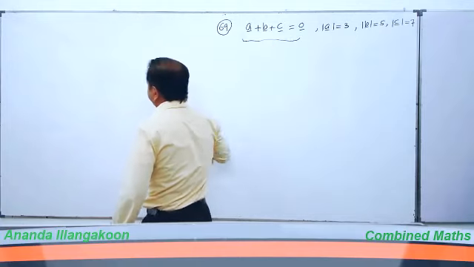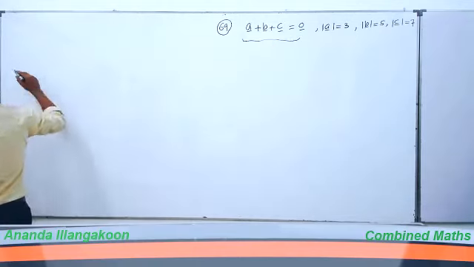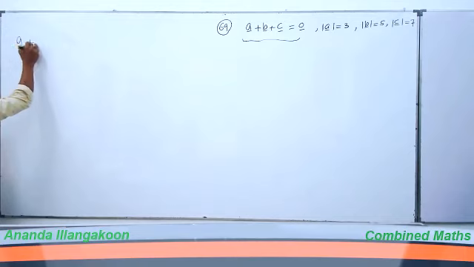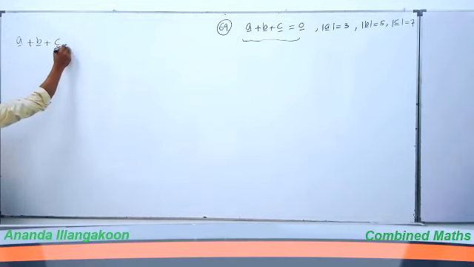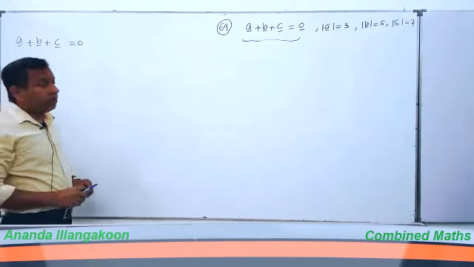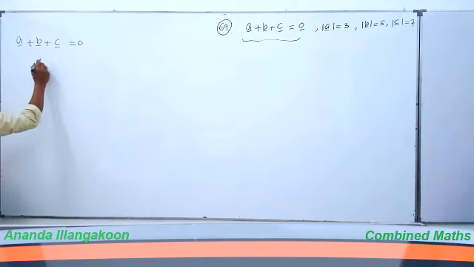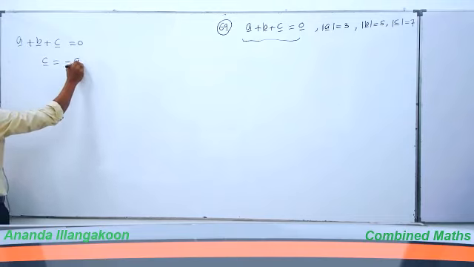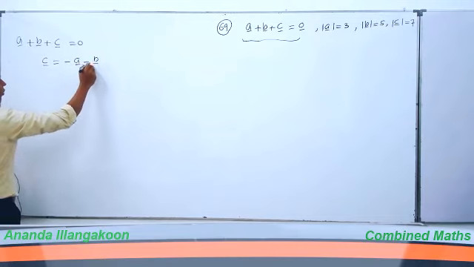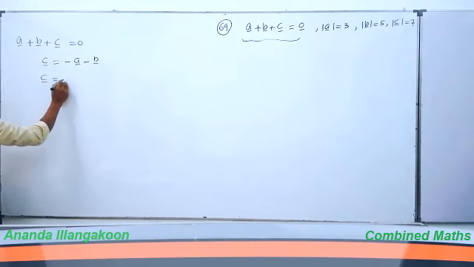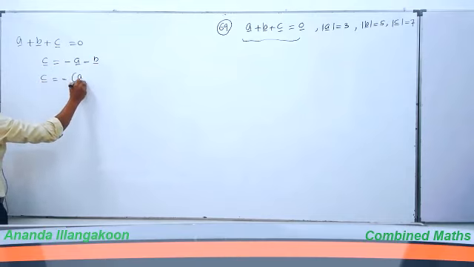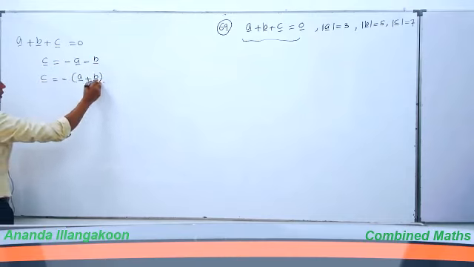We start from there. A plus B plus C is the null vector. Now, I can make vector C the subject, taking both A and B to the right hand side. It's minus A vector and minus B vector. Then I can take the minus sign out, vector A plus vector B within brackets.